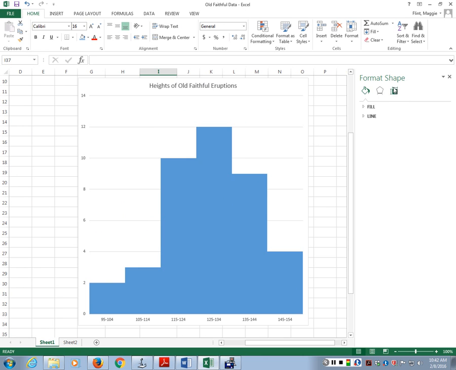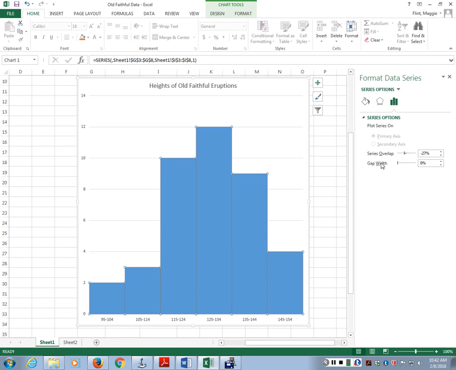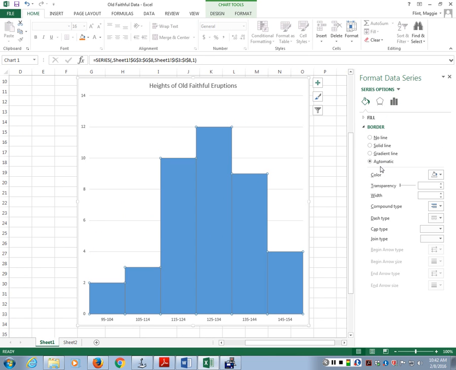So what I need to do now is say, could you please put me a line around those? So I'll click on those bars again and click this, and it says no line or automatic line, and automatic is that it's using white to outline things, which doesn't show up very well. So I'm going to say, would you please use black so I can tell the difference between the bars.